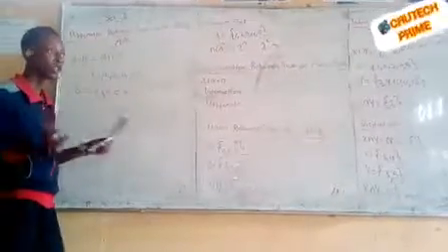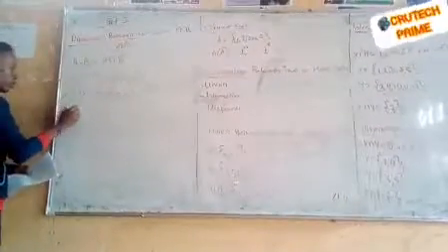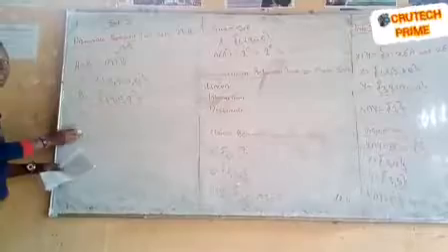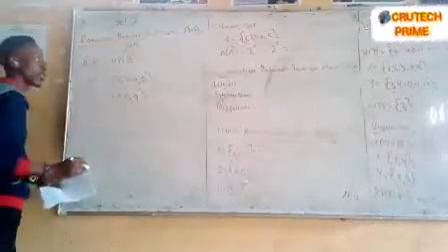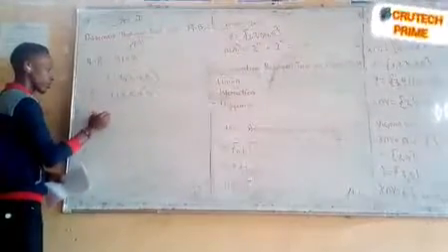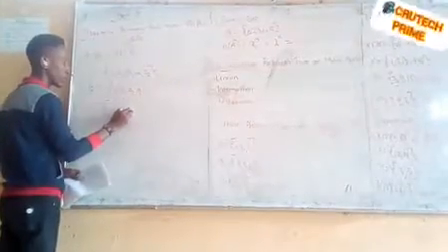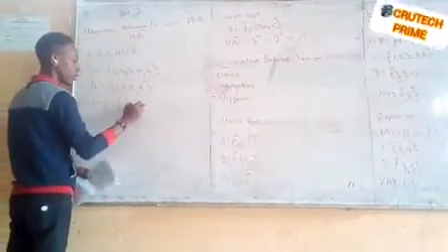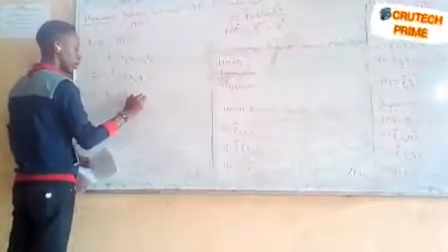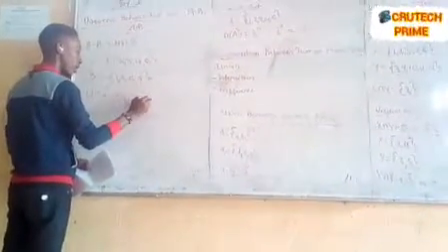Let's give our universal set, because we need a universal set to find the complement. The universal set ranges from 1, 2, 3 up to 8, 9, 10.